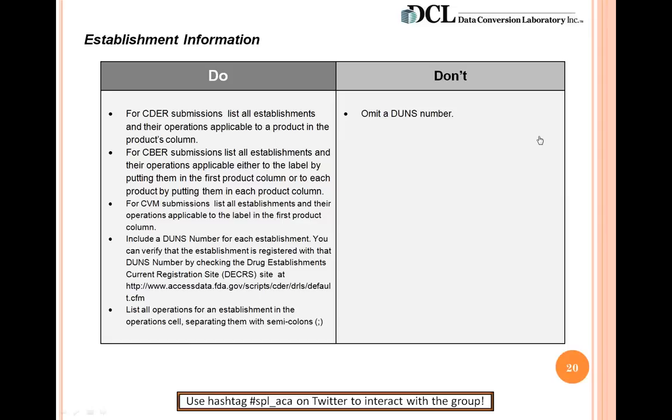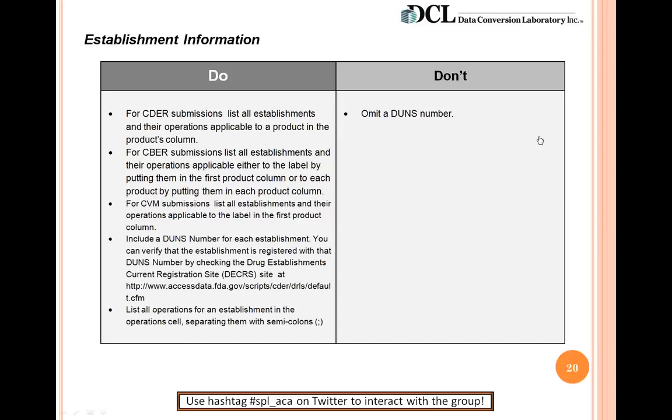And we point you to the Decker site if you want to check to see that the site is at least registered. If they're not registered in 2012 or 2011, they will not be on that site, and you will get a validation error. The operations, you list all the operations for the establishment in the operations cell in our worksheet.